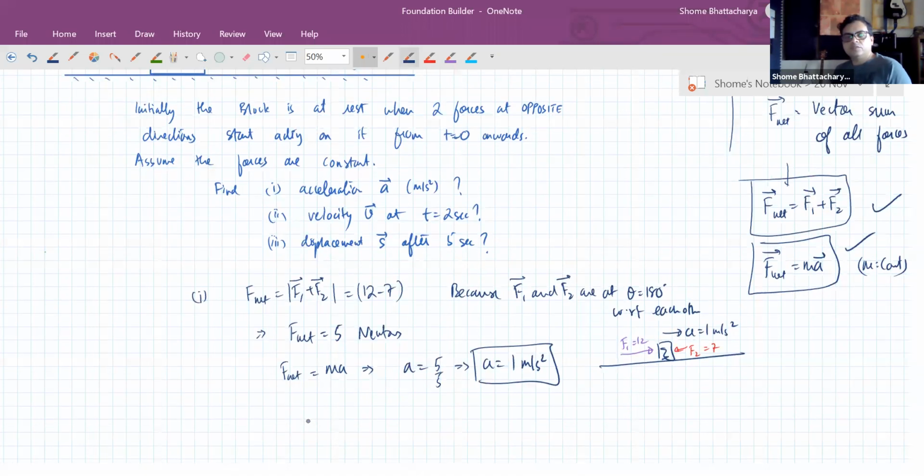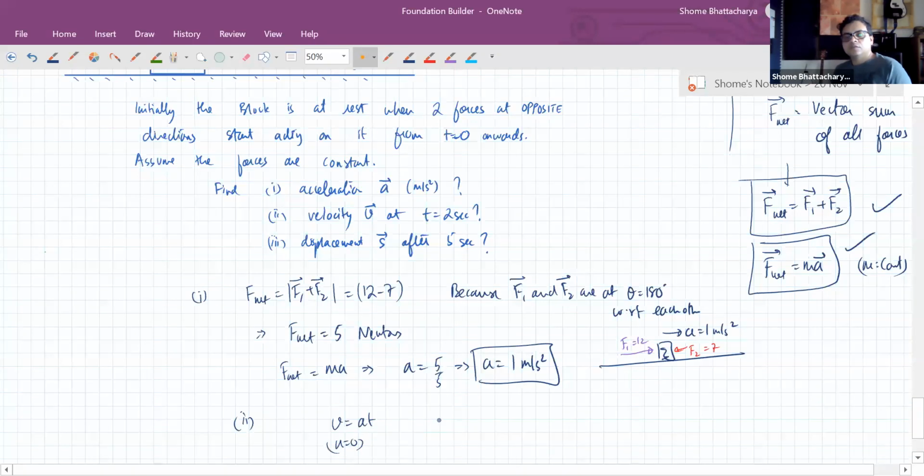For velocity, you can use v equals at because u was 0. Now, if you want to write this as a vector quantity, you can write it as plus i cap in meters per second square, taking this direction as your x-axis. So 1 into 2, 2 meters per second, or velocity as a vector will be 2 i cap in meters per second at t equal to 2 seconds.